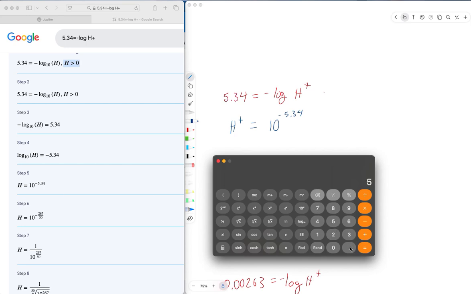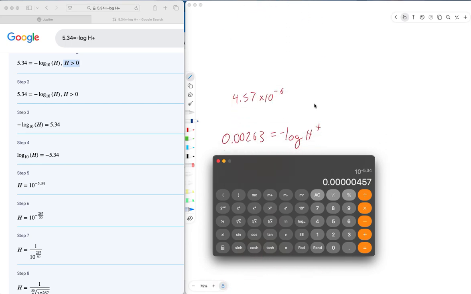Okay, so there's the answer. There's how you get there. You do the 10 to that power, and I've got the 10^x button on my calculator, so I typed in negative 5.34, and I hit the 10^x button, and it gave me this. And then you just count backwards. 1, 2, 3, 4, 5, 6. So that's 4.57 to the negative 6, which is the answer we have right there.